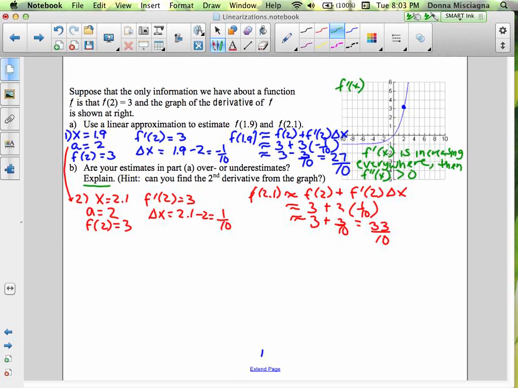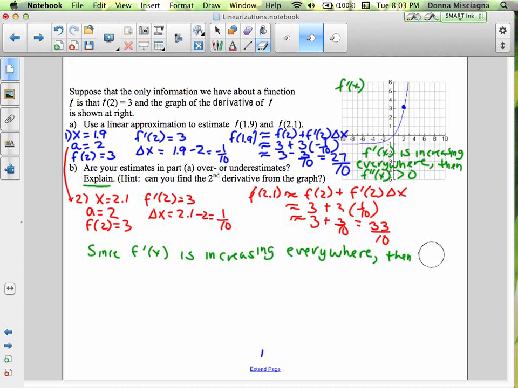All right, so now since f prime of x is increasing everywhere, of course I'm going to use that piece of information. Then f double prime of x, I'm going to move that down. That's a little crowded there.